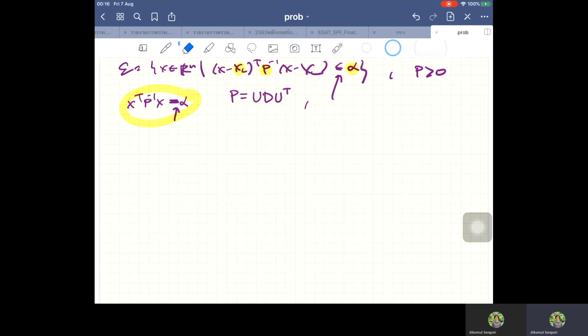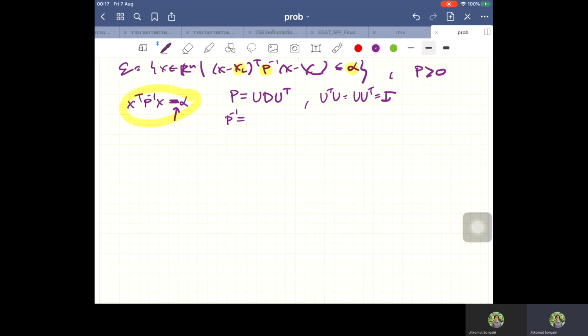And as we have seen several times in the analysis, U is a unitary matrix. The columns of U are orthogonal because P is symmetric. Okay, so how about P inverse?